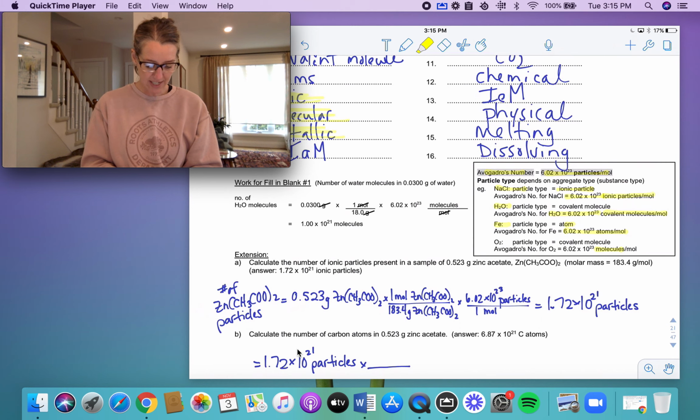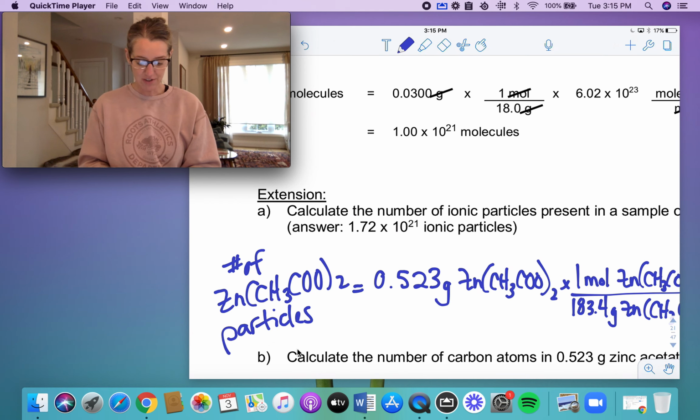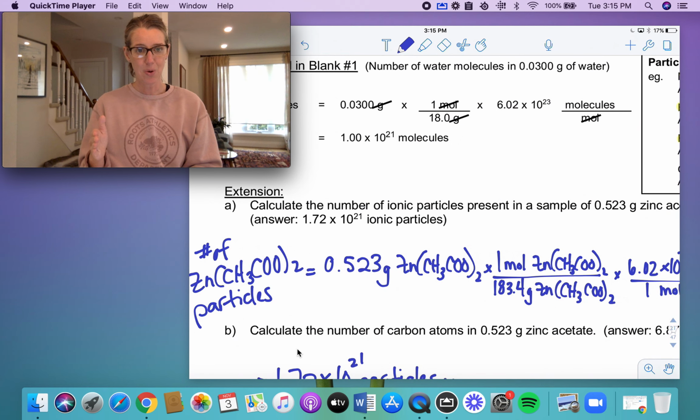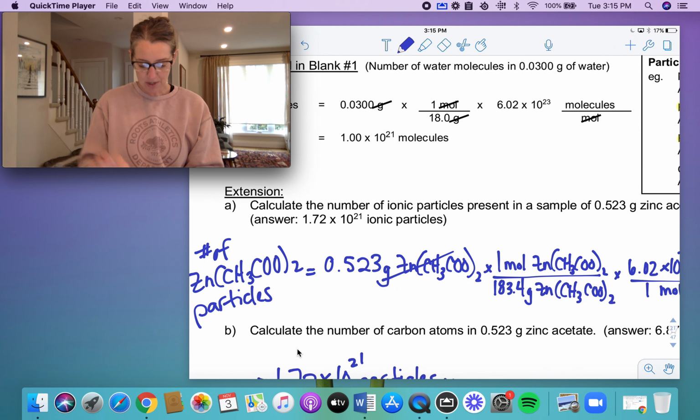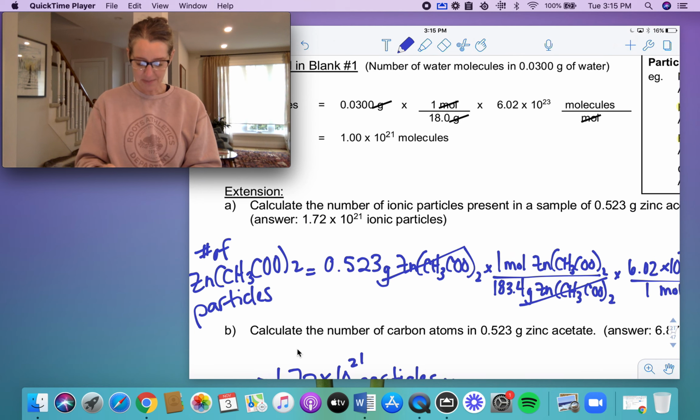Okay, so if you need to get to the number of particles, you start your unit analysis with the number that you were given. And in this case, it was 0.523 grams. That's my mass. I'm going to multiply that by my molar mass because I need to convert my grams into moles. Remember, the top unit would cancel out with the bottom unit. So if you just solved the first part, your answer unit would be moles of zinc carbonate.